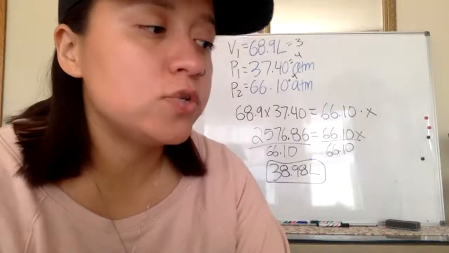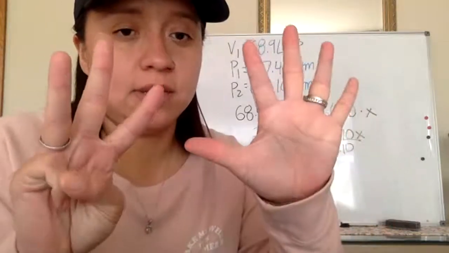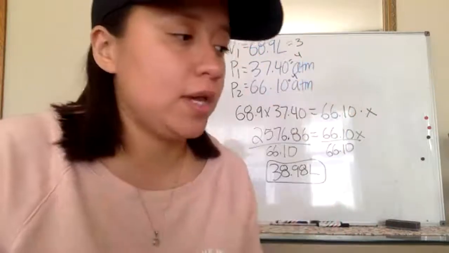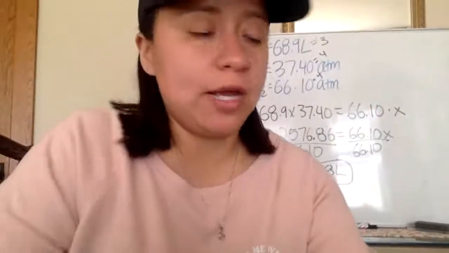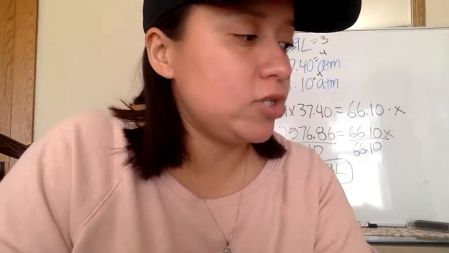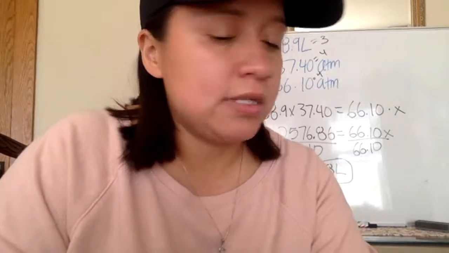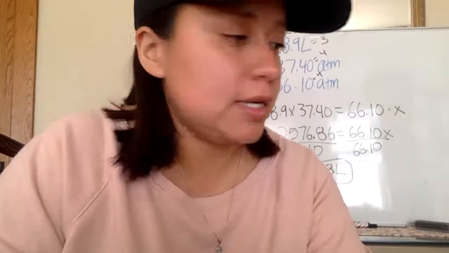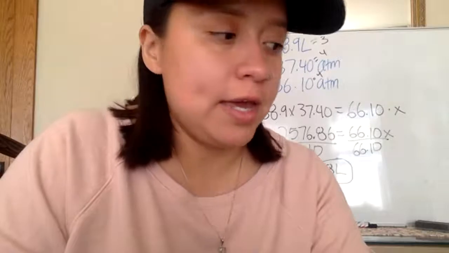What I do want to do, though, is number 8. I want to show you guys why number 8 is a little challenging. Doesn't mean it's impossible, but it is a challenge. A gas is 83.96 liters at 114.8 kPa.